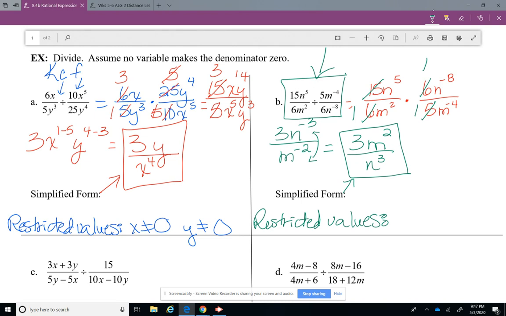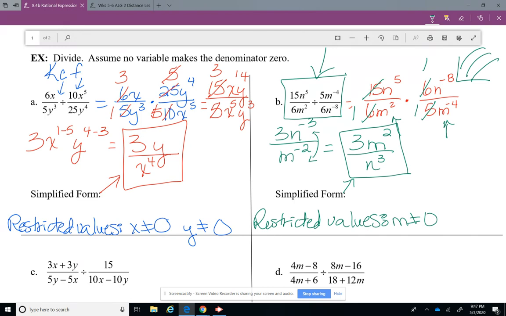You go to the one where you kept the first one, changed the sign, and flipped the second fraction. So I see in the denominator all there was m squared and m to the negative 4. So I actually can go right here. So that tells me that m cannot be 0.